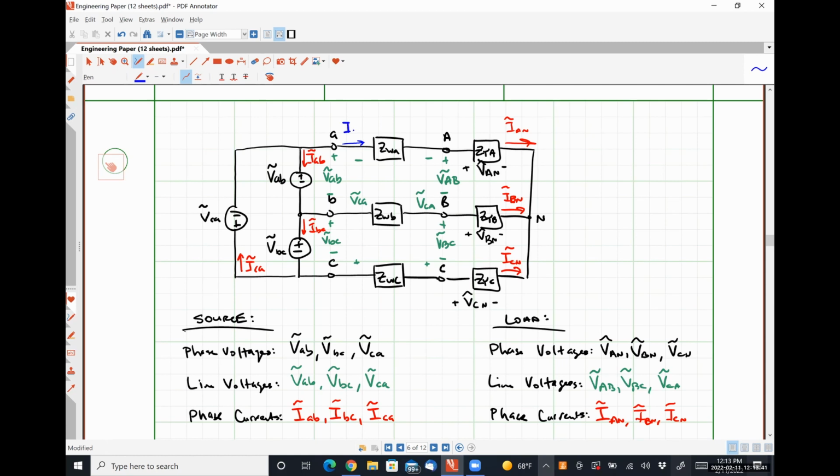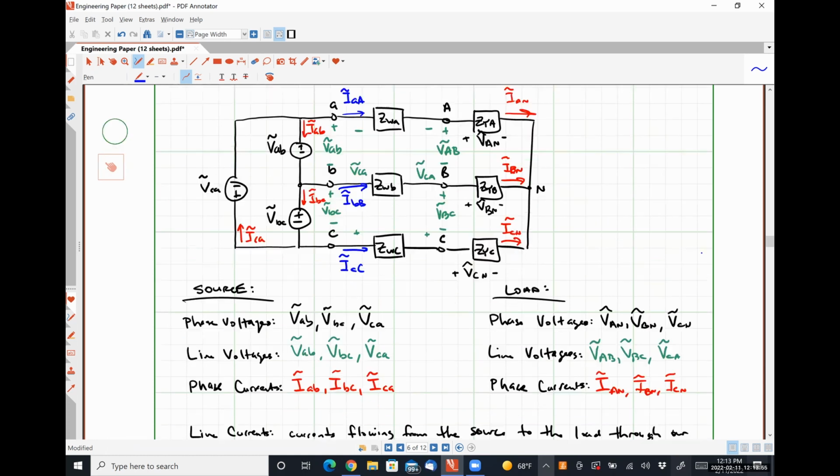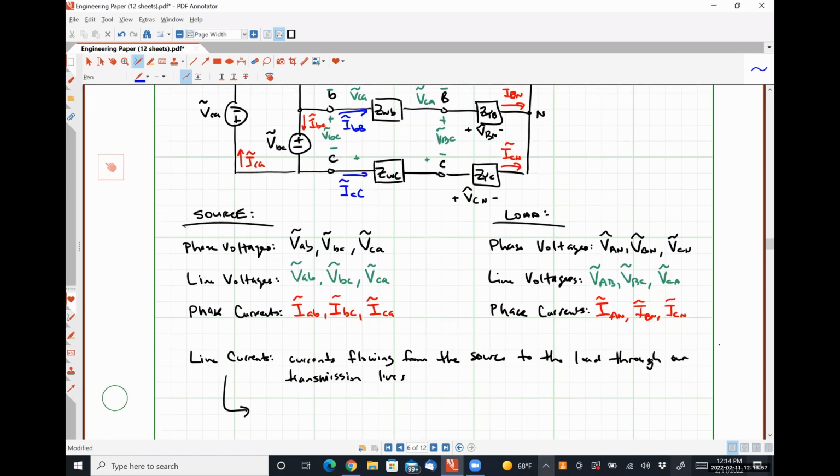So that would be current Iaa, current Ibb, and current Icc. So transmission line currents are all defined as flowing from the source to the load, which is why they have the lowercase letter first.